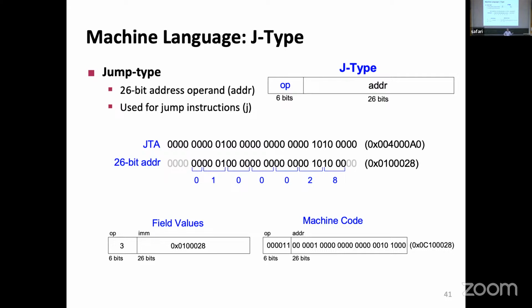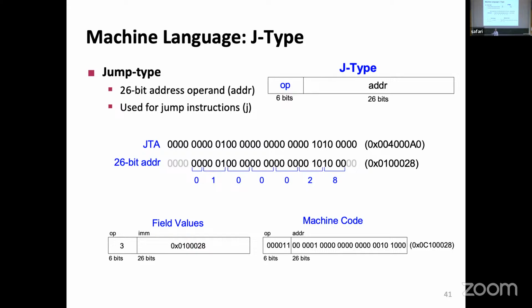Well, look at what your options are. You could randomly have some bits there, 1101. Or you could say, you know what, it will stay in the same vicinity. So whatever our current address is, let's just pick the first 4 bits of the current address and copy them. Is this perfect? No. We cannot jump everywhere.